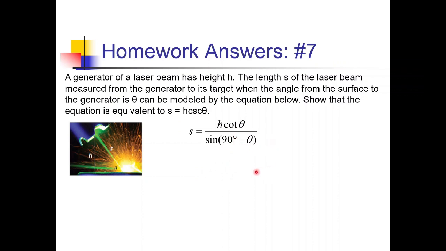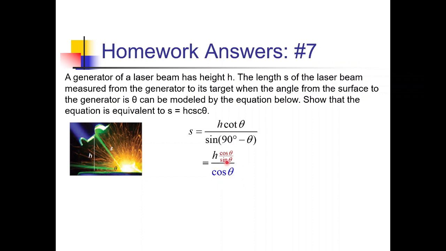A couple things I noticed right off the bat. Cotan in my numerator, I could change that into cosine over sine of theta. And in the denominator, I have this weird complementary angle cofunction thing. I can turn this into cosine of just theta. So at this point, to make this fraction less complex, I'm going to multiply by the reciprocal of this cosine here.